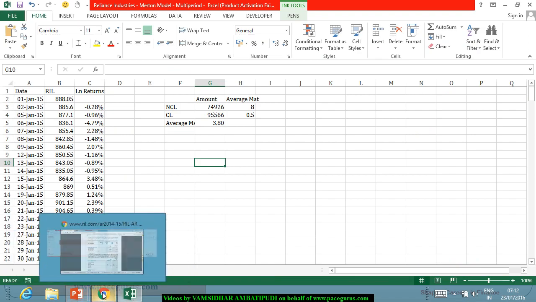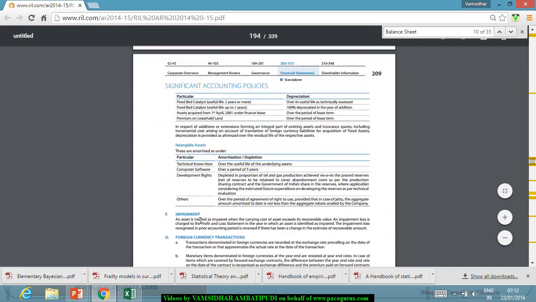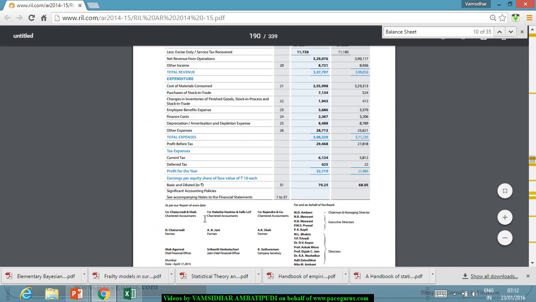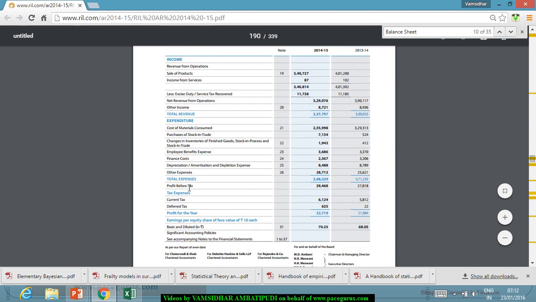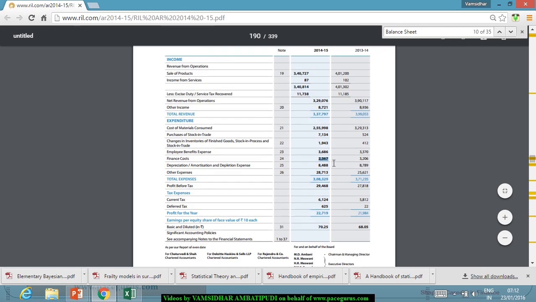So let's look at the annual report out here. Let me see what is the interest that they have paid. I see that the interest that they are paying is around 2,367 crores.